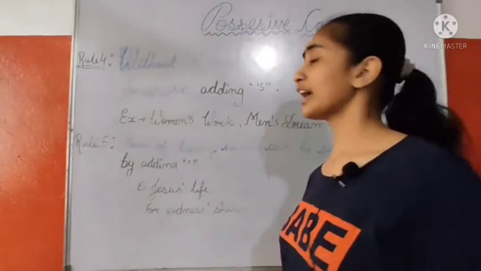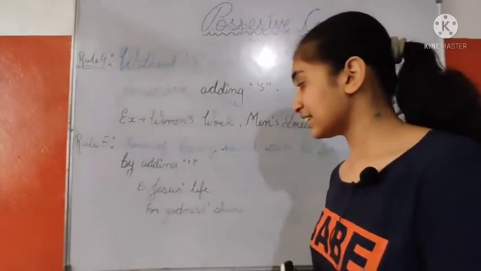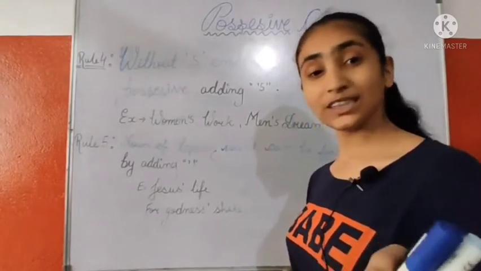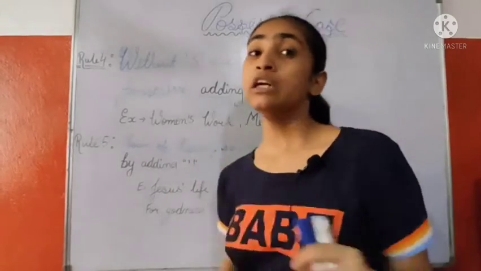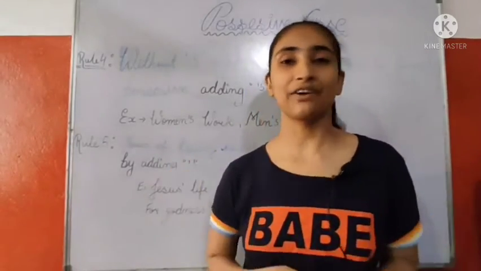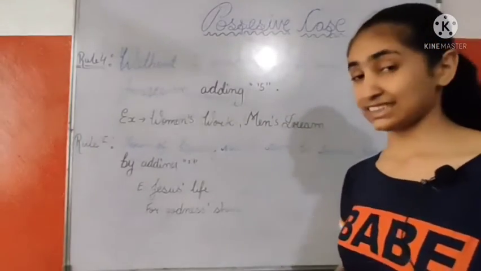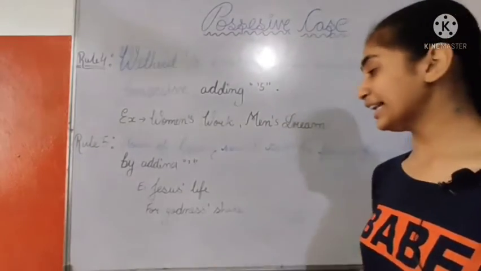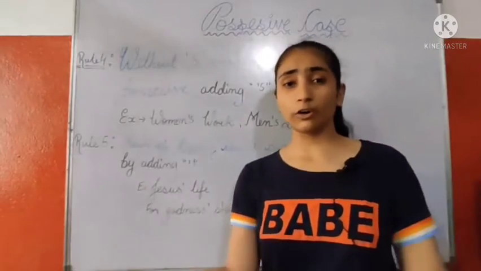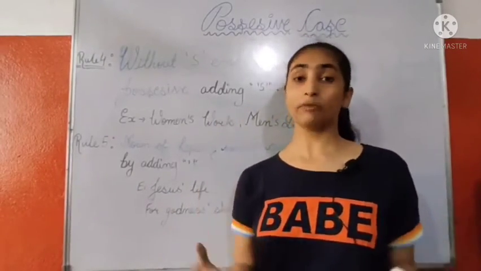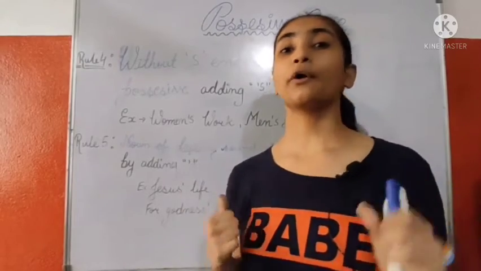So here you can see that I have added an apostrophe to Jesus because Jesus is that type of noun which ends in a hissing sound. Again, for goodness' sake. Goodness is ending with what? A hissing sound. So we can only add an apostrophe to goodness.